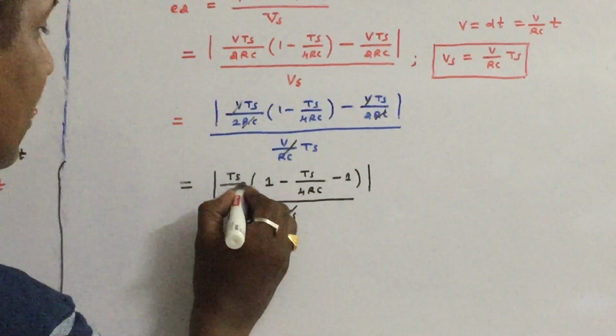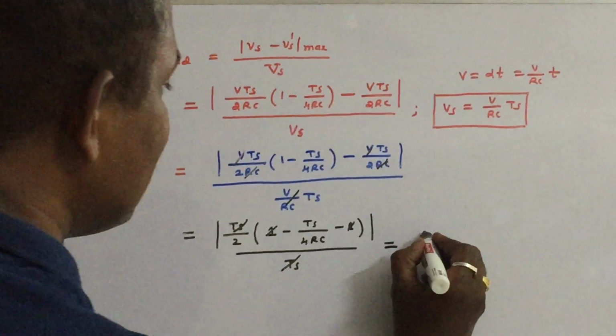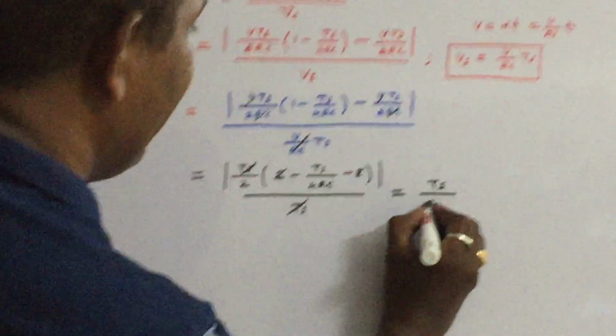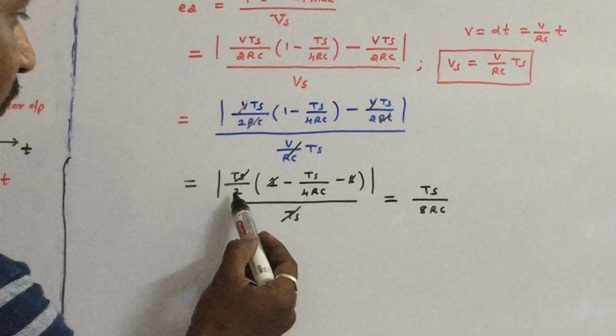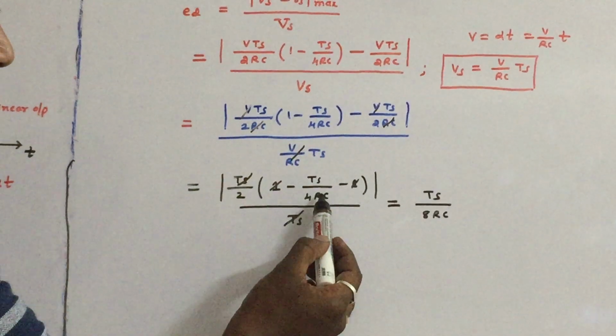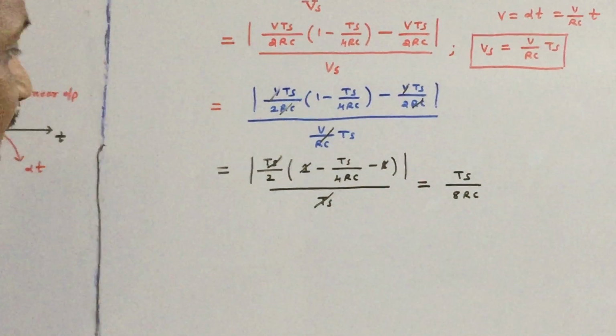You can see that Ts also gets cancelled out, and 1 also gets cancelled out. It will come out as Ts by 8RC. So this is the displacement error.